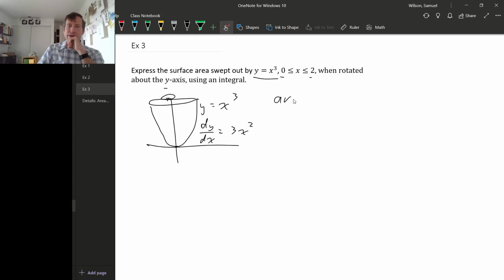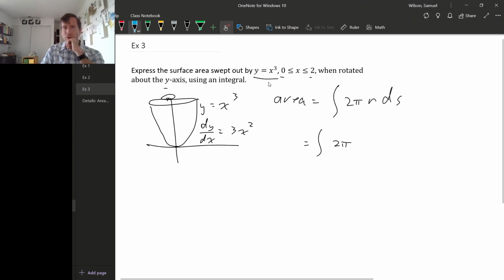So the area is, in general, the integral of 2 pi times the radius times ds. In this situation, we're going to be using x as our independent variable. Here's x, here's a bit of arc length. This bit of arc length goes this way as we rotate around the y-axis.